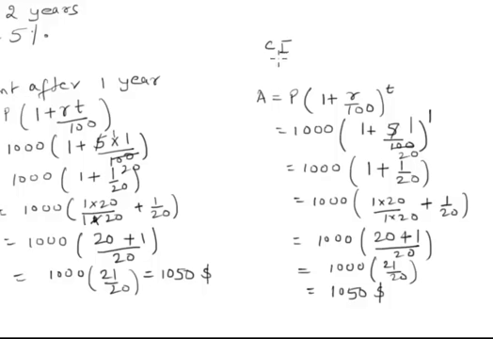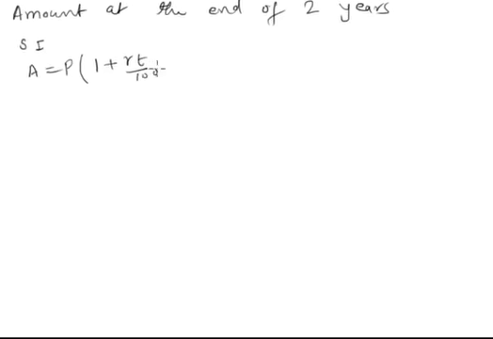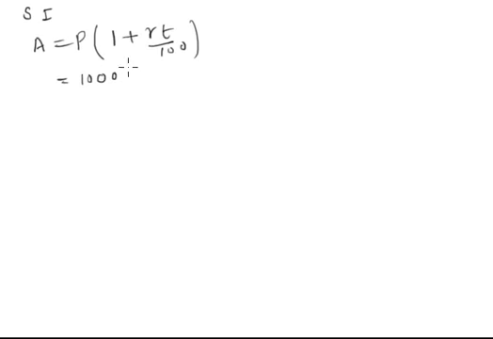So if you calculate for 1 year, either it is simple interest or compound interest, it will remain the same. But if you calculate it for 2 years, then the values will vary, and we will see how. For simple interest, the amount at the end of 2 years is given by the formula P times (1 plus RT over 100), and it comes out to be 1000 times (1 plus 5 times 2 over 100).